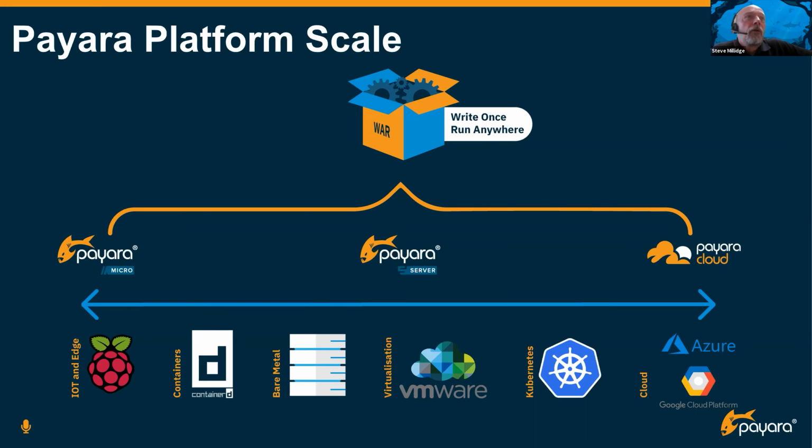And then coming forward, later in this year, we'll be launching Payara Cloud, which effectively runs on top of Kubernetes, but also will run in multiple Kubernetes clusters and support deploying to multiple Kubernetes clusters. And we can do that because we separate the application from the infrastructure. And we strive all the time to make the infrastructure as small and lightweight and as fast as possible.